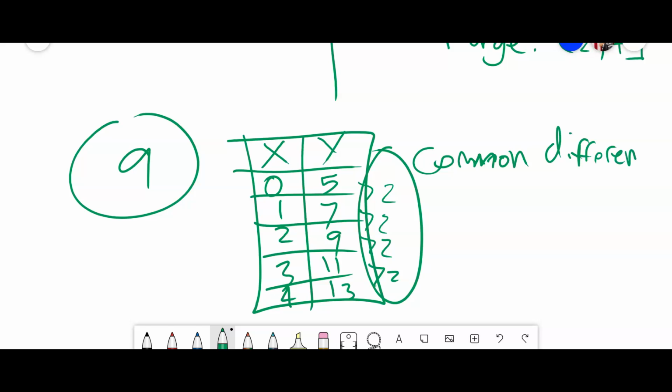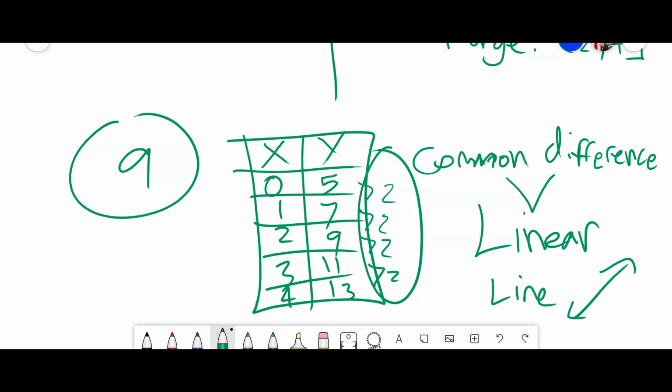Even if it's subtracting each time, it's called a common difference. And that means it's going to be a linear function. It would be a straight line when I graph it. Okay. Common difference means you're adding or subtracting by the same number each time.